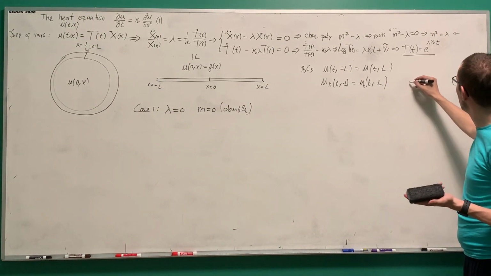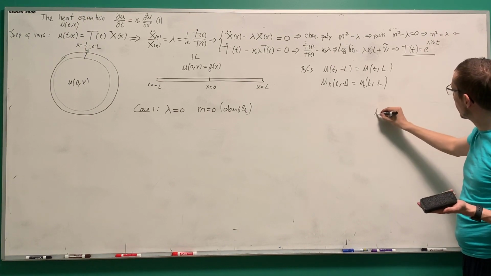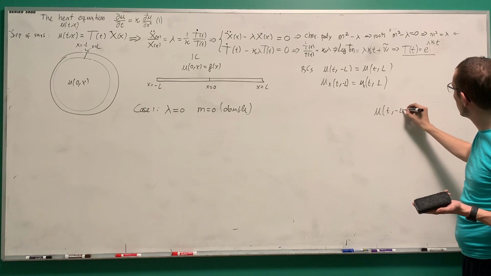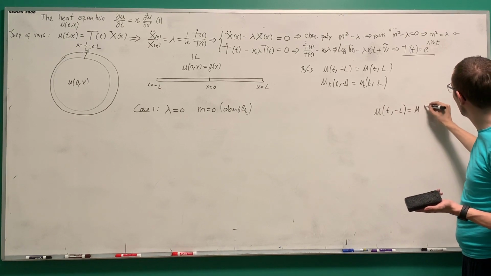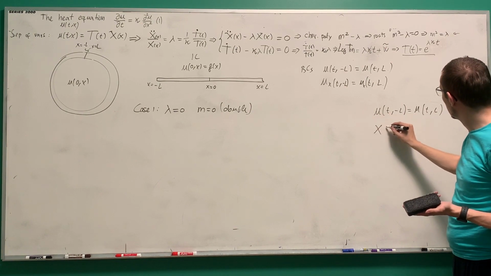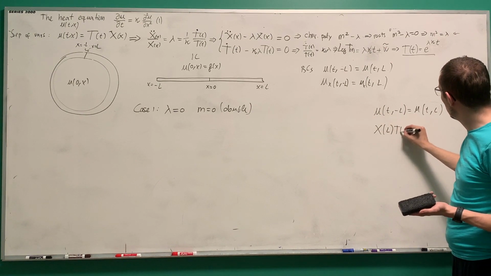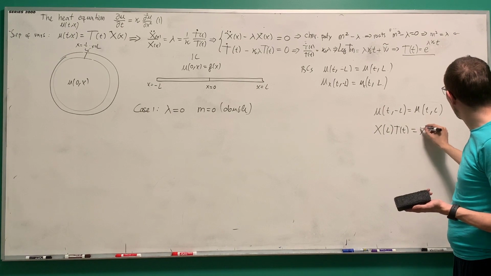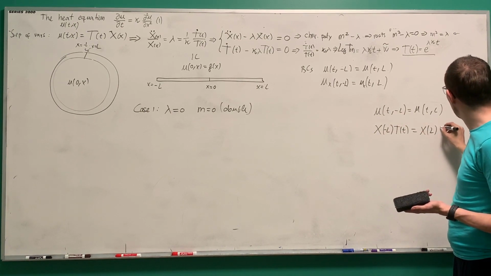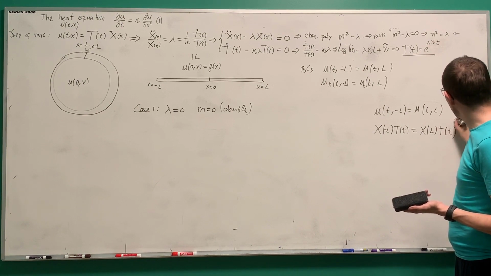I impose it, so every time I impose a condition, if I say u of t, minus L equals u of t, L, because this is the product of X of L and T of t equals X of minus L, X of L, T of t, of course I can cross this out.